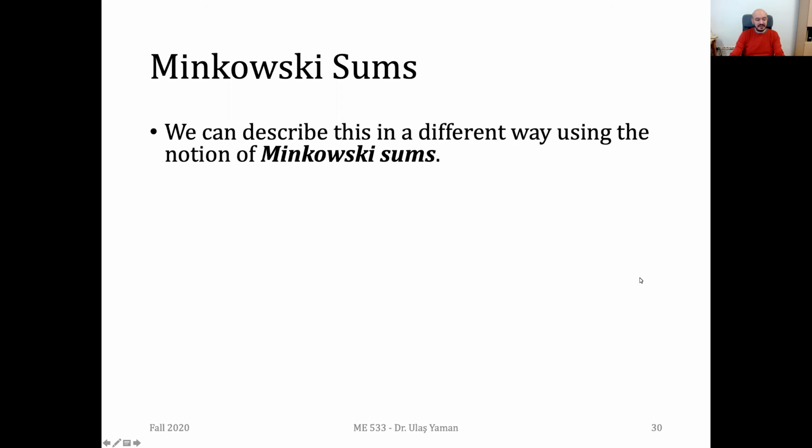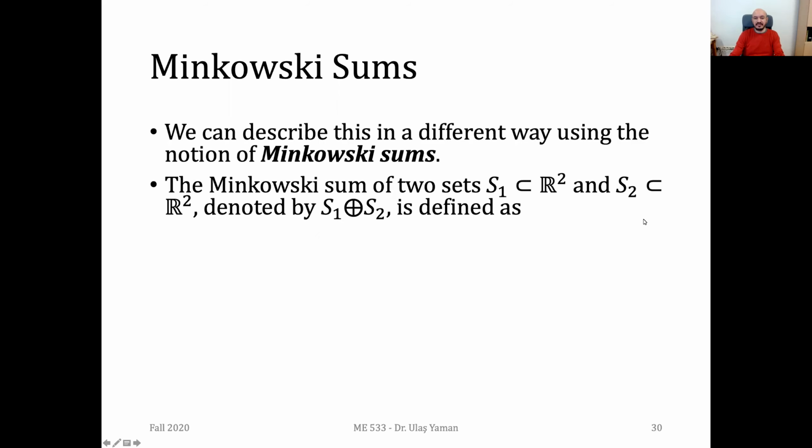And we will be defining this region, CP, by making use of Minkowski sums. But before we discuss how we do that, let's briefly go through the details of Minkowski sums. It's not complicated, as you see. This is how we represent the summation operation between two sets, S1 and S2.